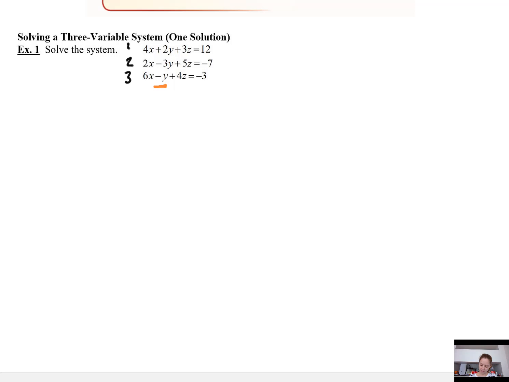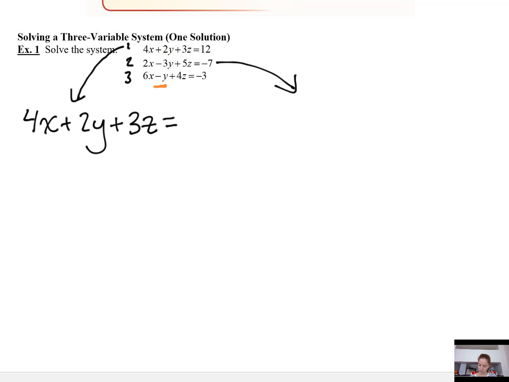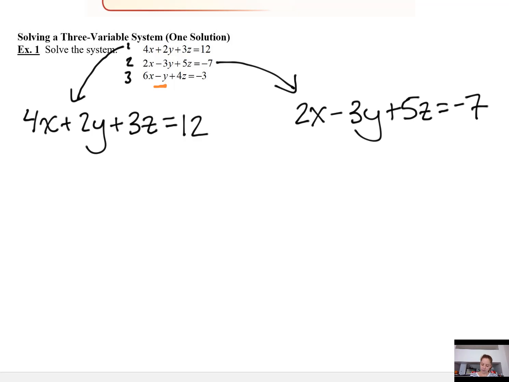What I can do is I can pull over equation 1 and over here equation 2. So I have 4x plus 2y plus 3z equals 12. And I have 2x minus 3y plus 5z equals -7. Beginning with equation number 1.